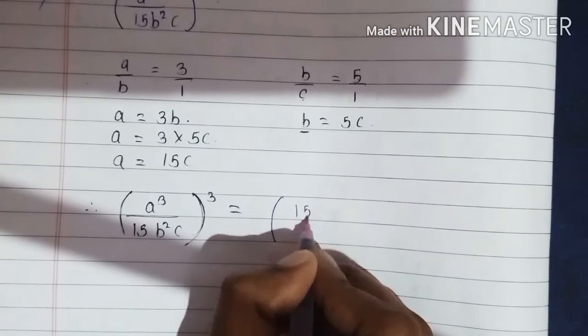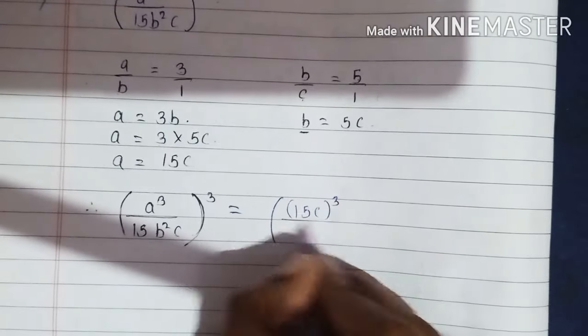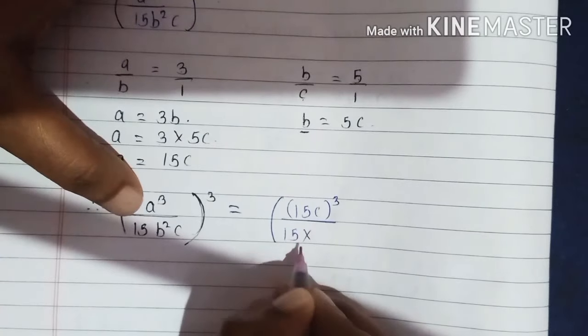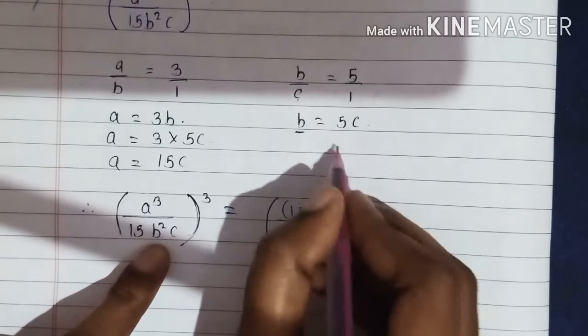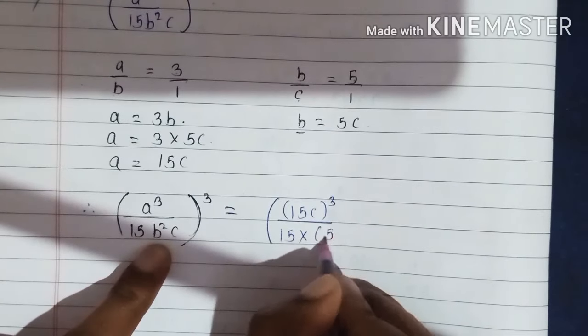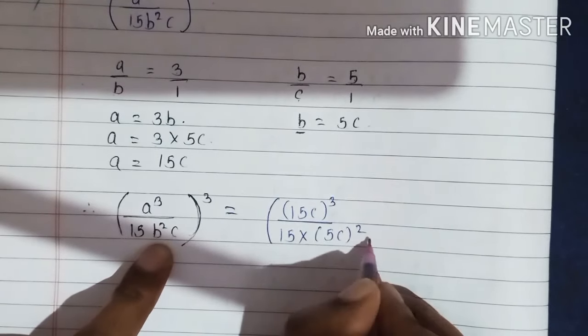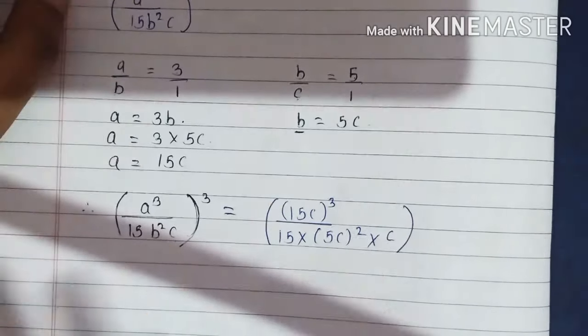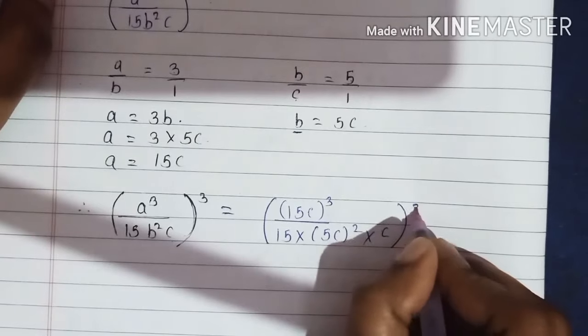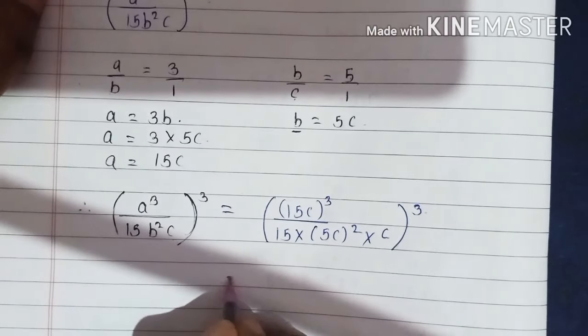So this will be 15C the cube upon 15 multiplied by, in place of B we will write 5C. 5C square multiply by C we will copy as it is. Here the cube we will write as it is.